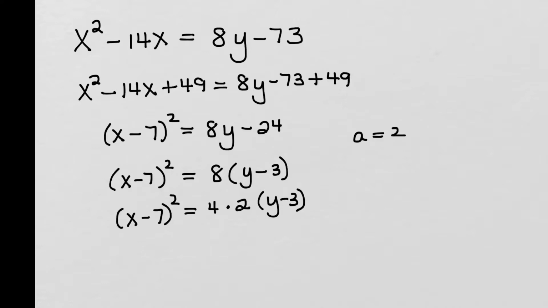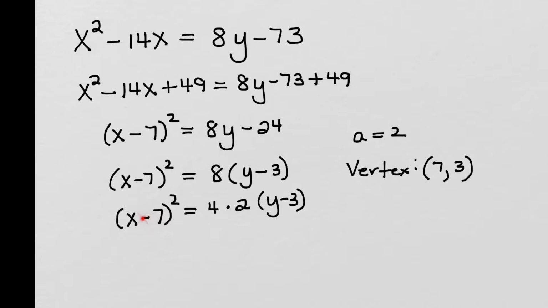So now I know the value of a. A is 2, and that gives me almost everything I need to know about the parabola. We can tell that the vertex is at the point where x is equal to 7 and y is equal to 3, because I just look at the h and the k, and it's x minus h is the formula, so 7 is h.